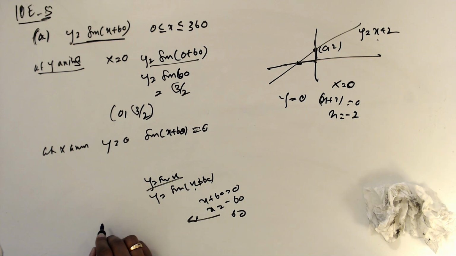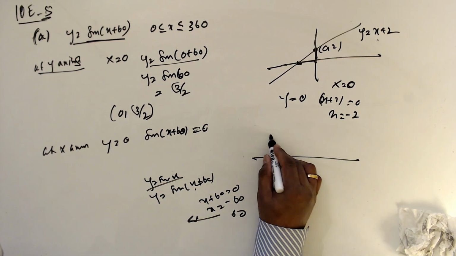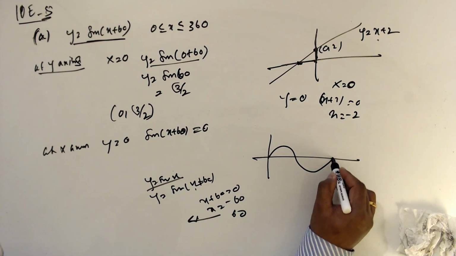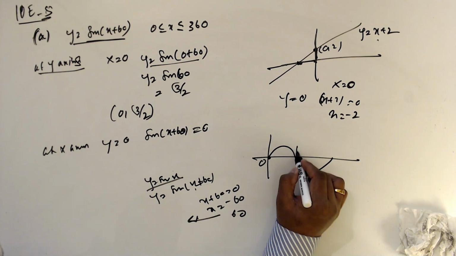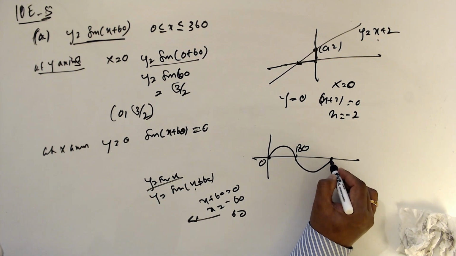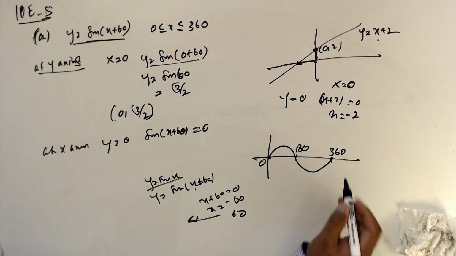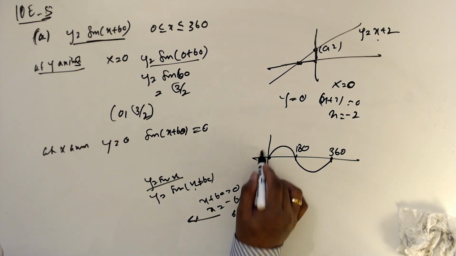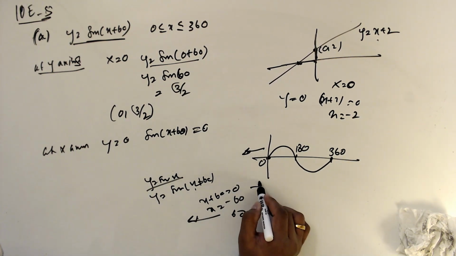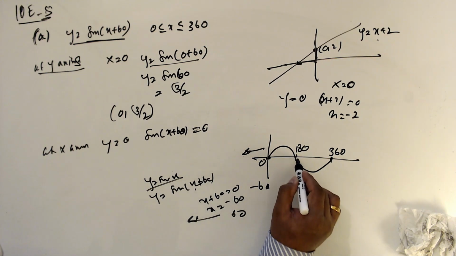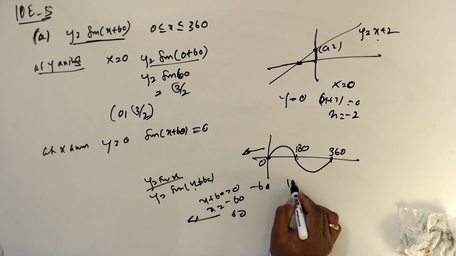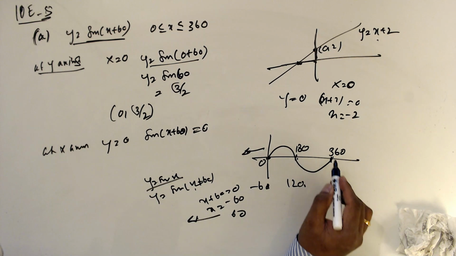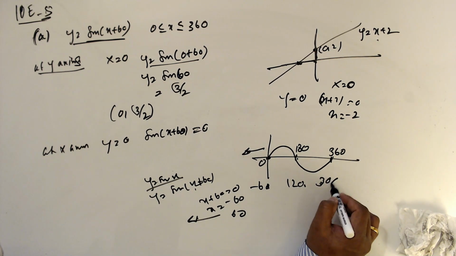With sine graph, this is sine graph. This is 0, 180, and this is 360. And you shift to left by 60, 0 become minus 60. 180 minus 60, 120. 360 minus 60, 300.